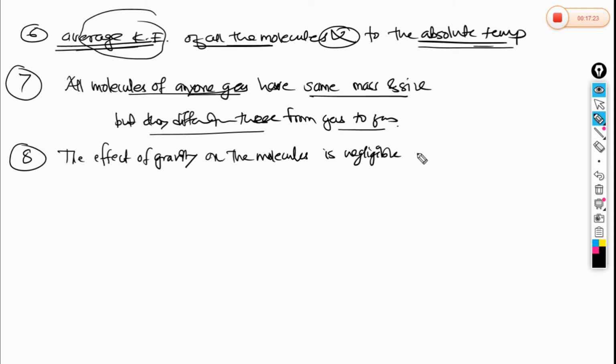Since the molecules are lightweight, the effect of gravity on molecules is negligible in comparison with the effect of continued collisions between them.